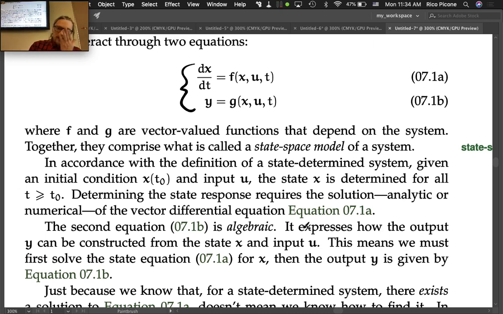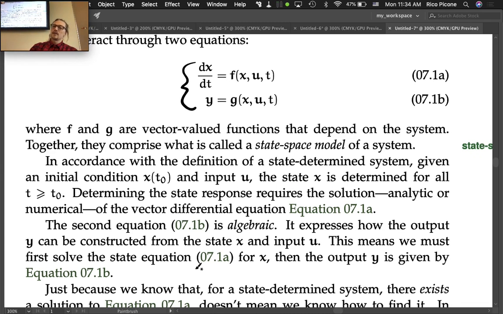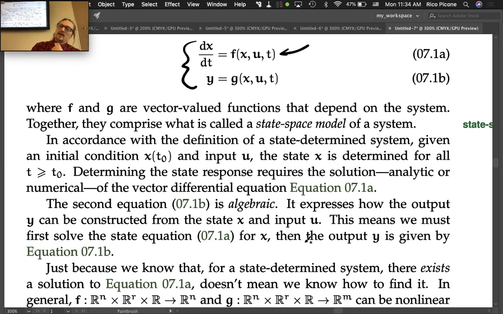In accordance with the definition of a state-determined system, given an initial condition and the input, the state x is determined for all time. Determining the state response requires the solution, analytic or numerical, of the vector differential equation 7.1a. So you need to figure out what x is, so you need to solve this vector differential equation. The second equation, 7.1b, the output equation, is algebraic. It expresses how the output y can be constructed from the state x and input u.